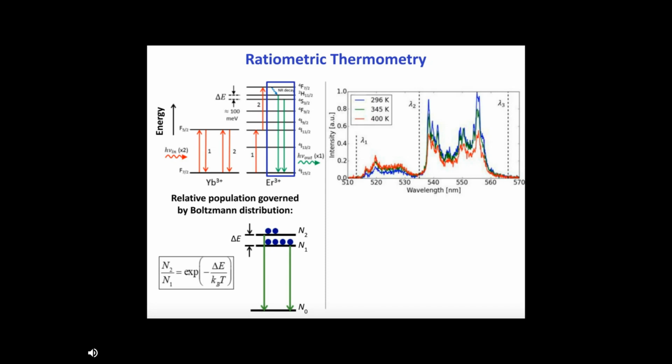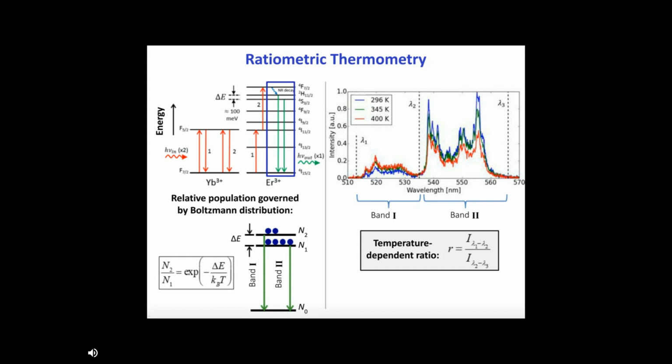So if we divide the emission wavelength range into two bands, lambda 1 to lambda 2 and lambda 2 to lambda 3, we see that when we increase the temperature, the emission intensity from this first wavelength band, which corresponds to the transition from the higher energy excited state to the ground state, increases relative to the emission intensity from the second band, which corresponds to the transition from the lower energy excited state to the ground state.